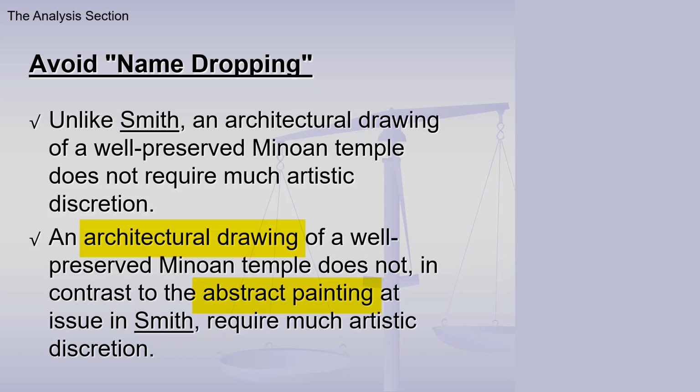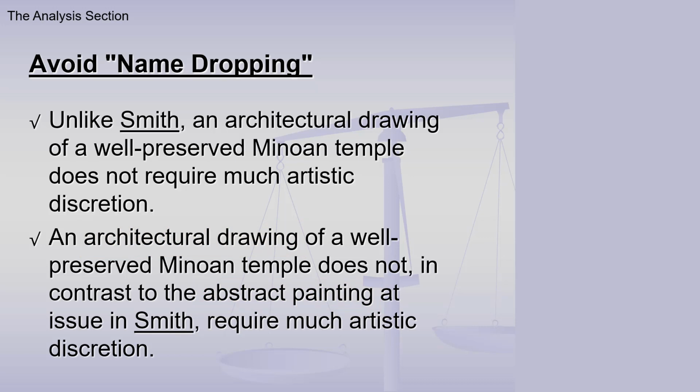And now I get it. There's a lot of discretion when we're doing an abstract painting, and as I said when I set up this slide, not so much discretion when you're trying to draw a Minoan temple as it existed when it was new. So the writer is comparing a drawing to a painting, an architectural image to an abstract image.